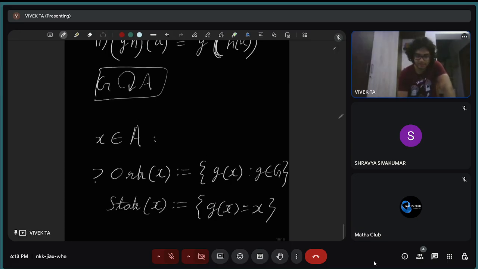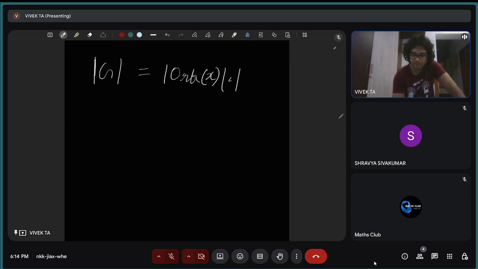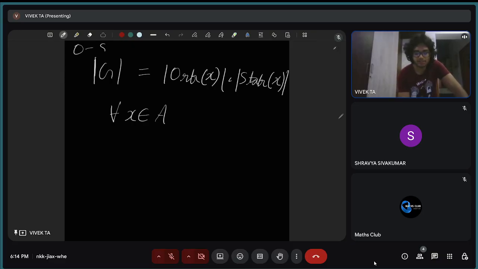So in a sense, the orbit is a subset of A, while the stabilizer is a subset of G. And if you remember from the definition, you can readily prove that if G is of finite cardinality, the cardinality of the orbit of x times the cardinality of the stabilizer of x equals the cardinality of G, for all x belonging to A. This is called the orbit stabilizer theorem.